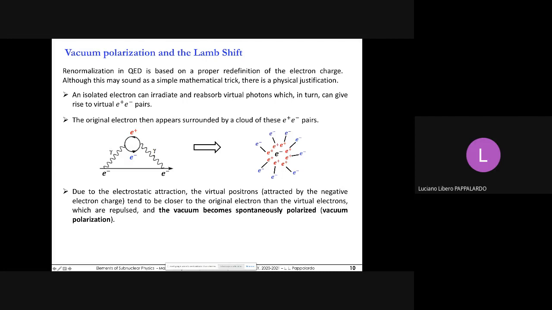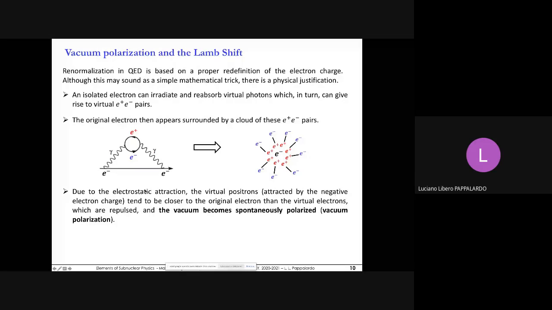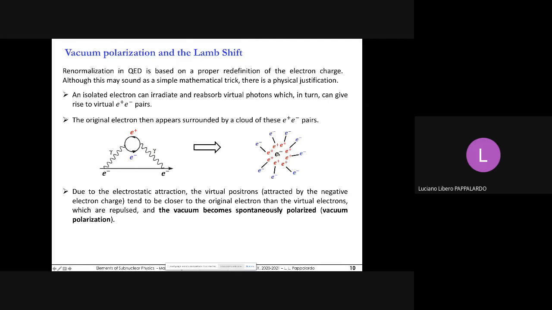due to this quantum fluctuation. Now, of course, either the real electron or the virtual e+ e- pairs, they are all electrically charged. And due to electrostatic attraction, the virtual positrons, the ones in red, are attracted by the negative charge of our real electron. And so they tend to be closer to the original electron than the virtual electrons, which are instead repulsed.